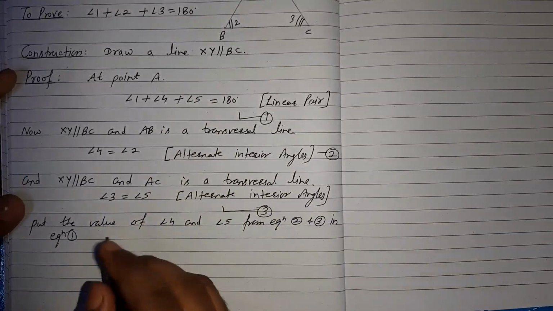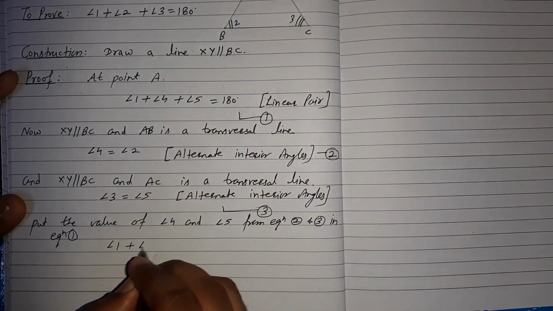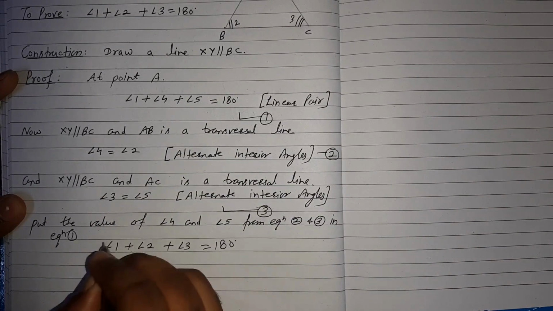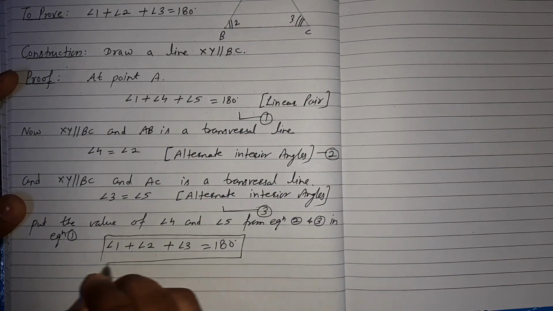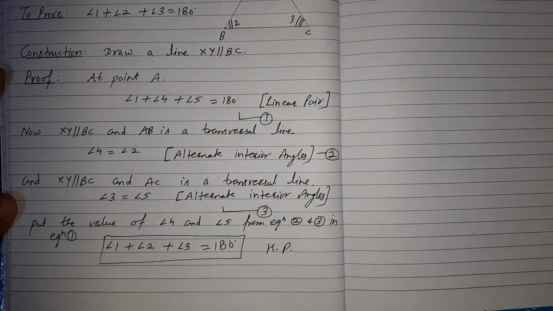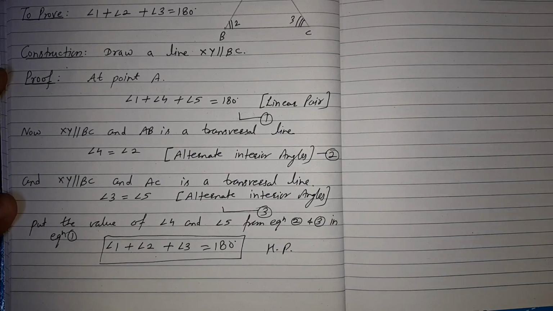So it will be angle 1 plus angle 2 plus angle 3 is equal to 180 degrees. Hence proved. I think this is clear to all of you.